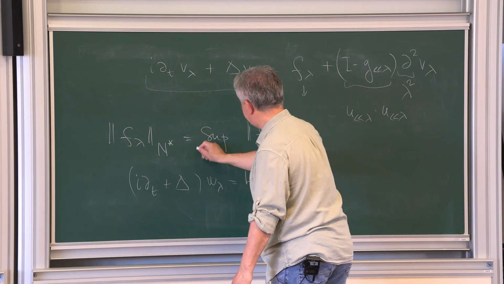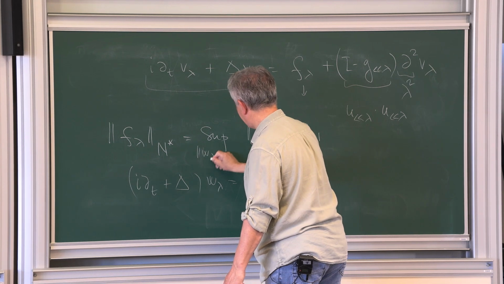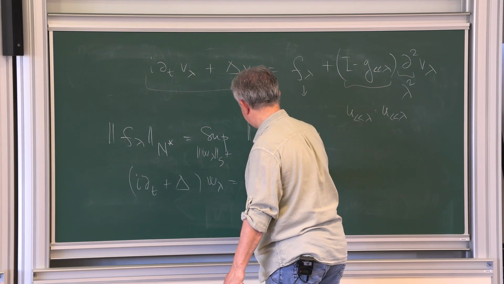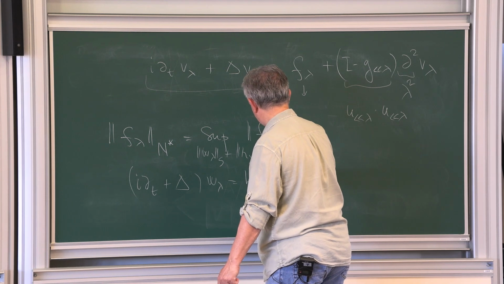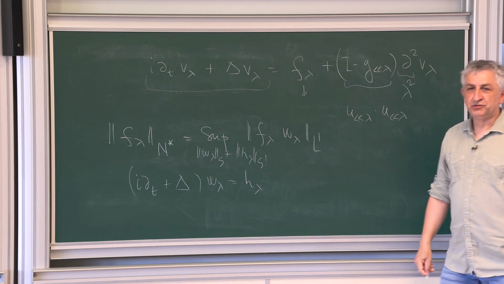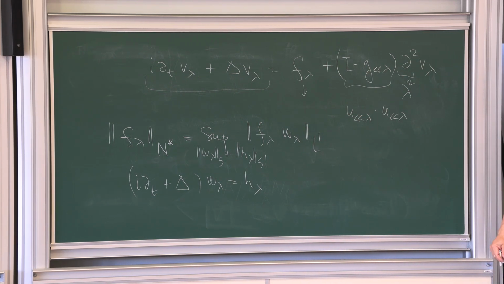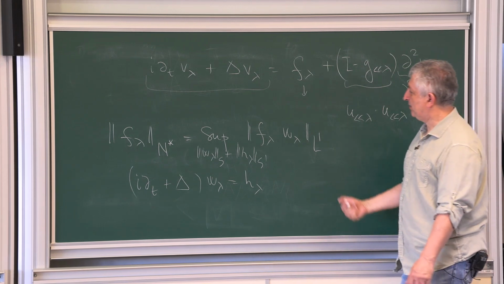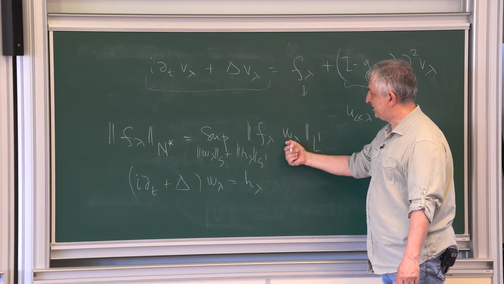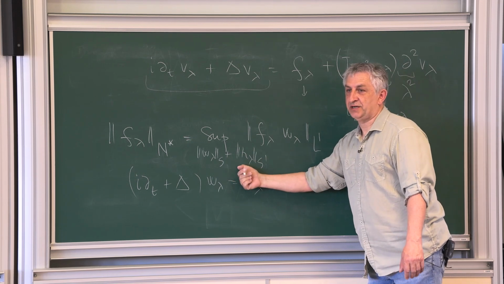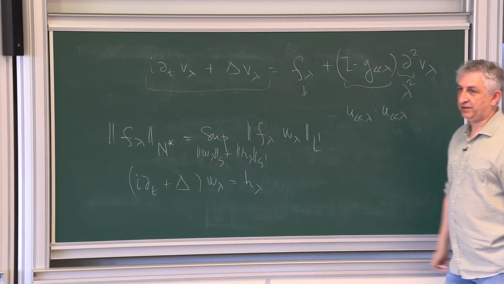And the norms in here are: we measure w lambda in the Strichartz space plus h lambda in the dual Strichartz space. So sort of a mild choice, if you want. And so we define our space of test functions as, if you want, Strichartz solutions to the linear Schrodinger equation.